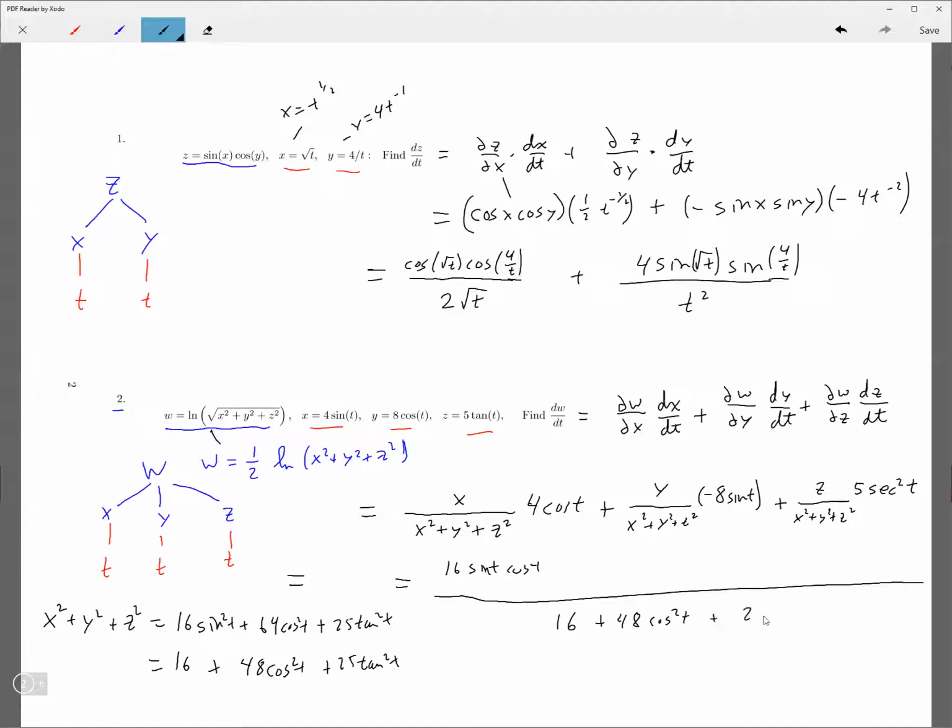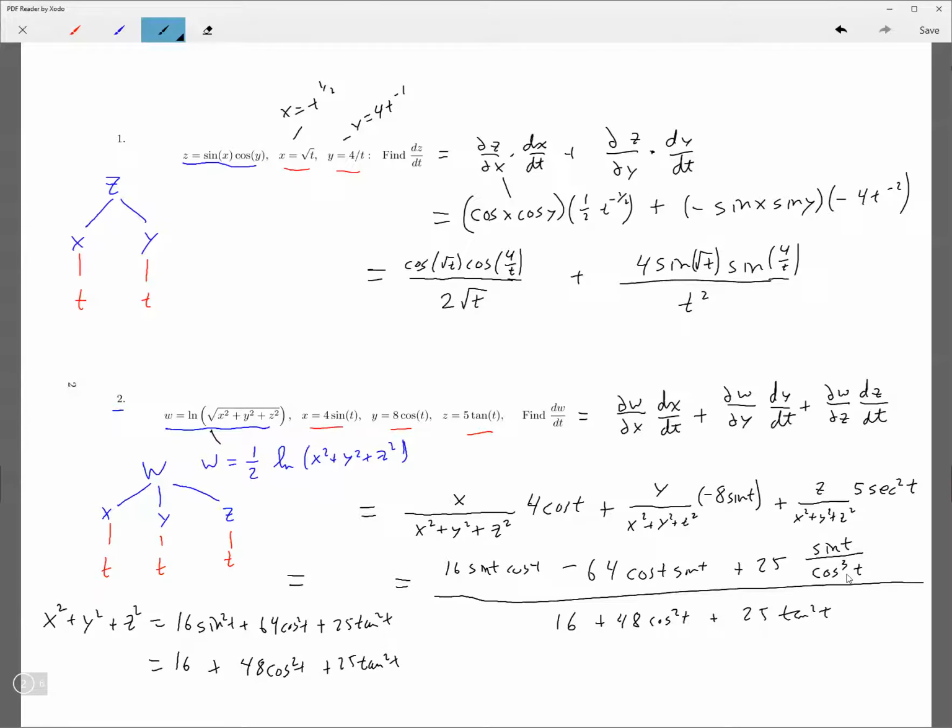Then the next one, y is this, so that's minus 64 cosine t sine t, and z is this one, so that's 25 tangent t, which is sine t over cosine t, so this is going to be cosine cubed.